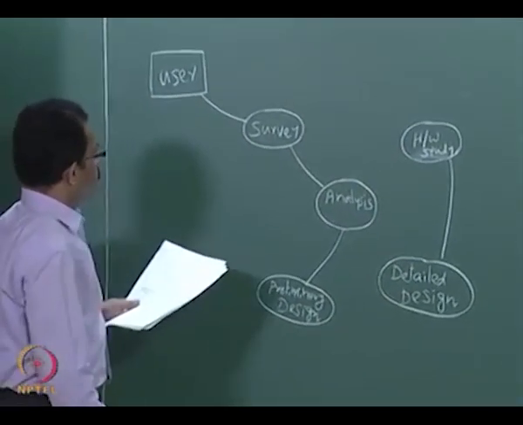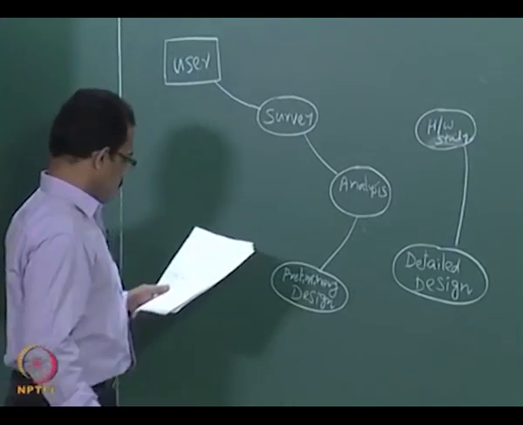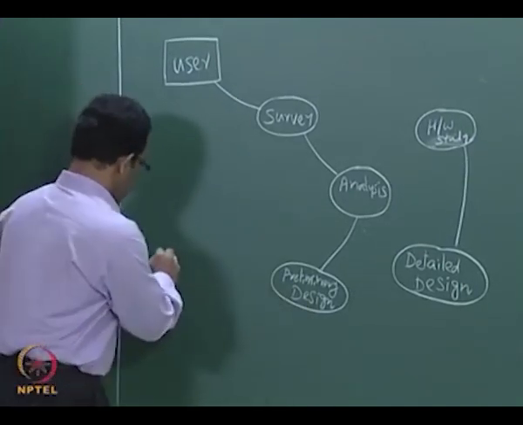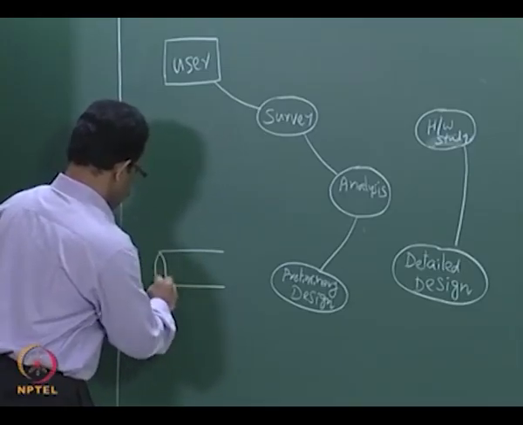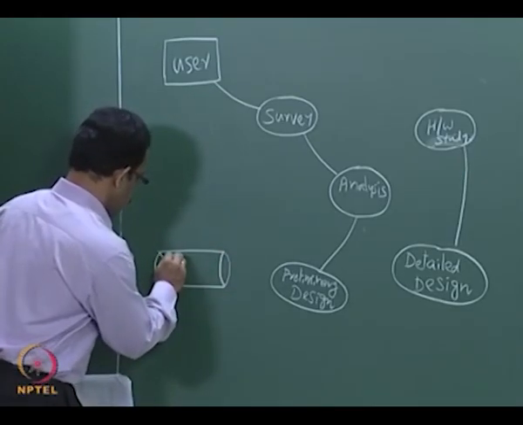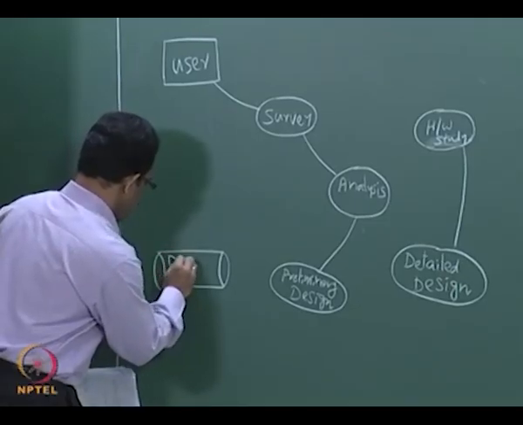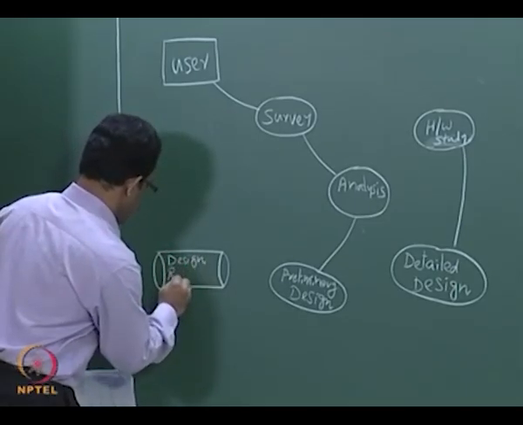Now we look at what kind of database is needed for this kind of design process. One is that there will be a design repository, or design database. Whenever we go for a preliminary design, we look at the existing designs. So this is the design repository, where we have different designs already available.